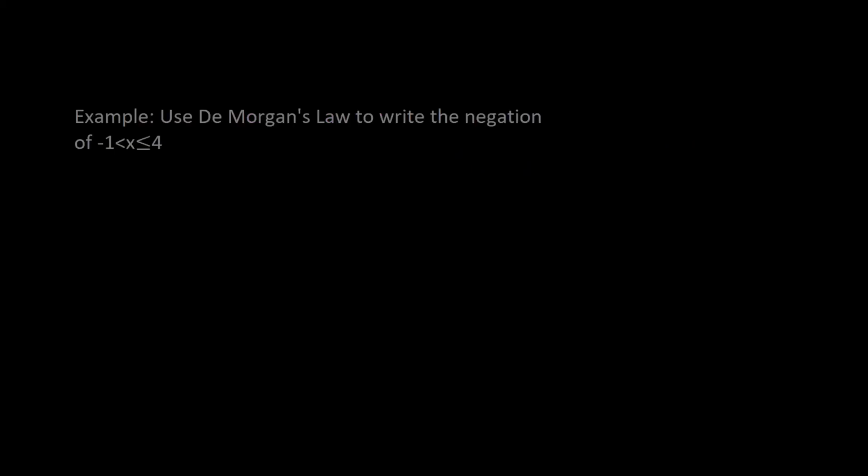Here we have De Morgan's law. It says use De Morgan's law to write the negation of -1 less than x and less than or equal to 4. This is going to bring in the ideas we did a couple videos ago, which was to break this down into its simplest components, statement variables.